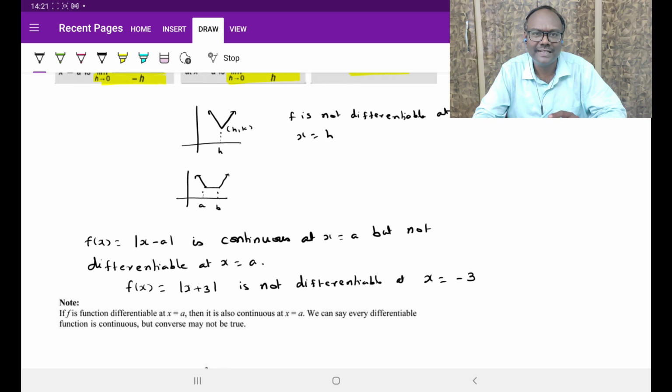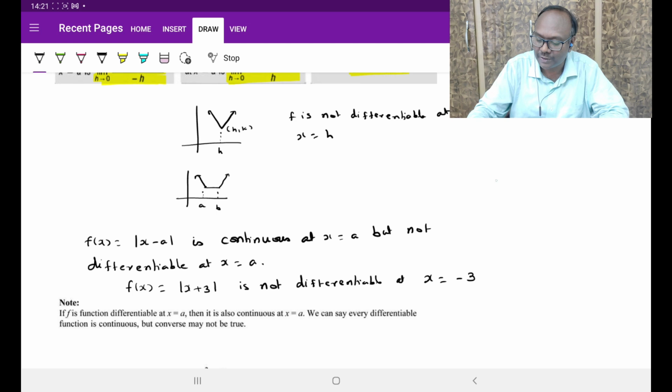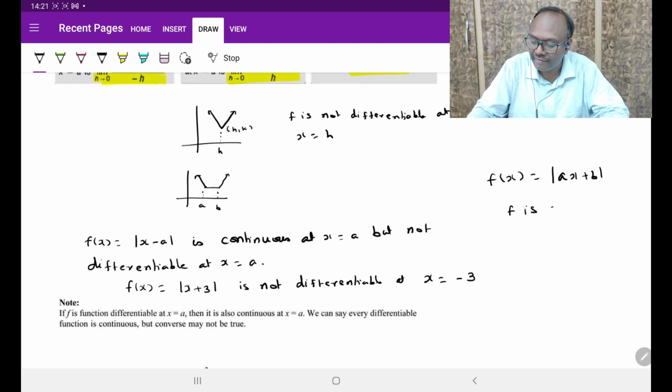Somebody asks a question like this: what is a function which is continuous but not differentiable? A simple example is f of x equal to mod x. This function is continuous at x equal to 0 but not differentiable at x equal to 0. Remember, if we consider the modulus function f of x equal to modulus of ax plus b, then f is not differentiable at x equal to minus b by a.